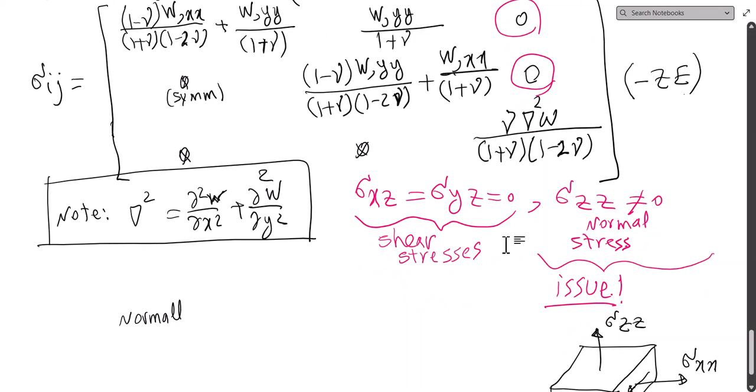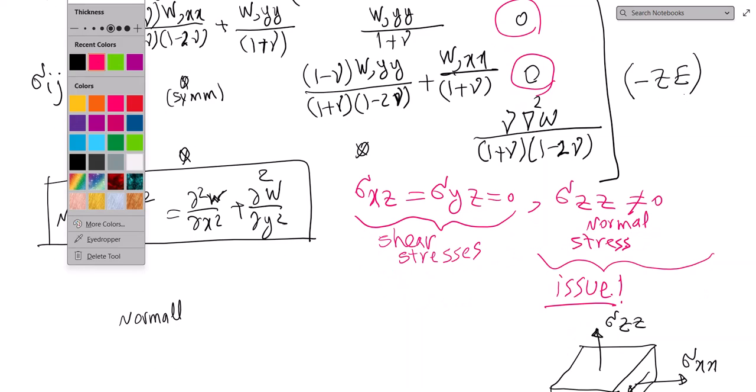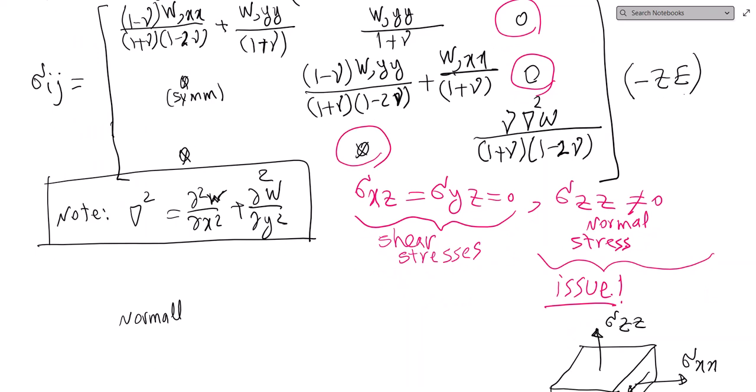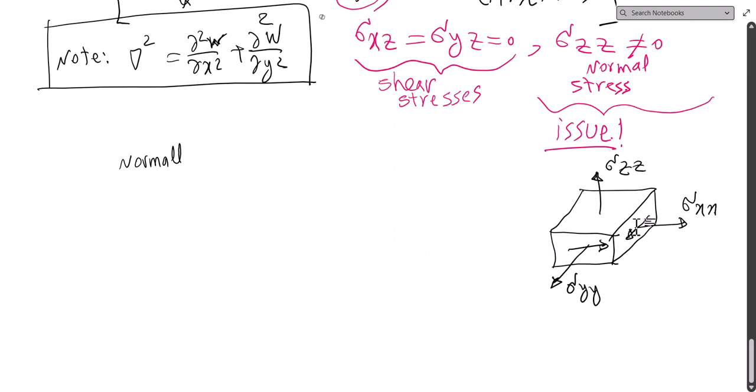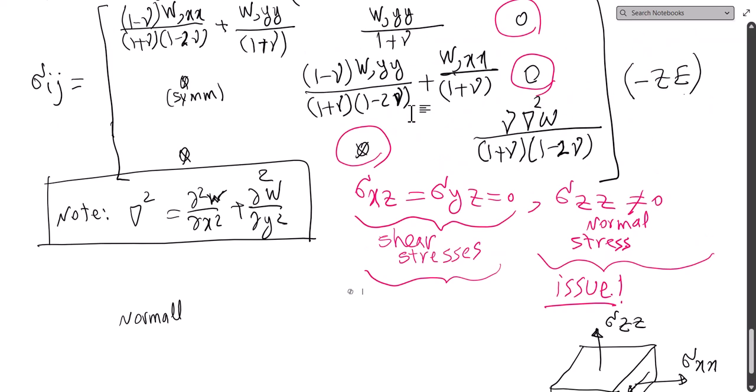Another one that I should point out is this guy here, which is common to this one, which is 0. So we say that in this there is no shear across the depth. There is no shear. Xz and Yz are 0, and that could be also an issue. Not for this theory, but for the equilibrium, because we need this shear for equilibrium. It's very similar to the Euler-Bernoulli equation.